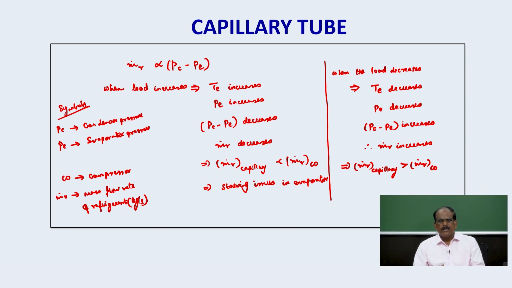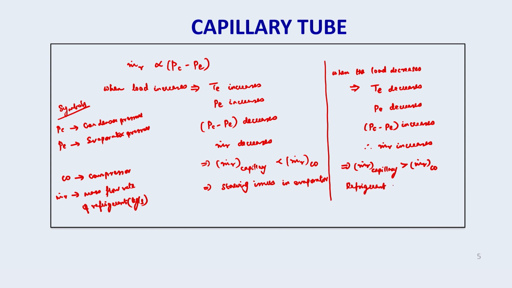Under this condition, the amount of refrigerant fed by the capillary to the evaporator is more than the amount of refrigerant drawn by the compressor. So here what happens? The refrigerant will accumulate in the evaporator.